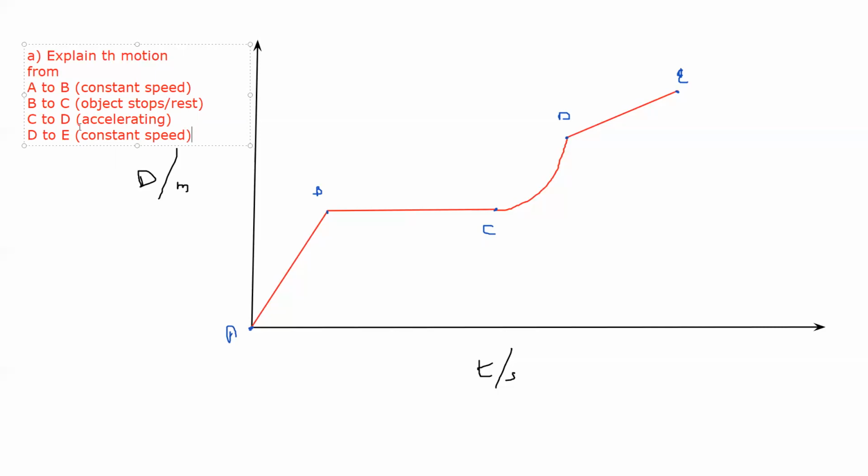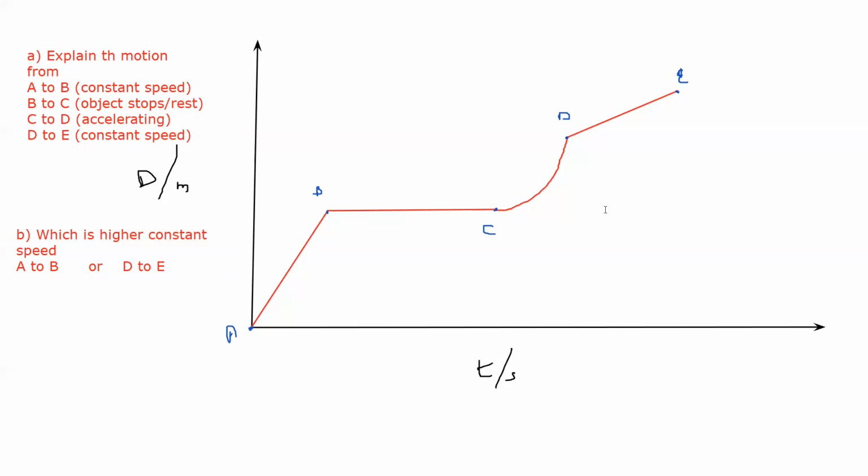That is part A. Then part B is compare the speed A to B or D to E. Which value of the speed is higher?